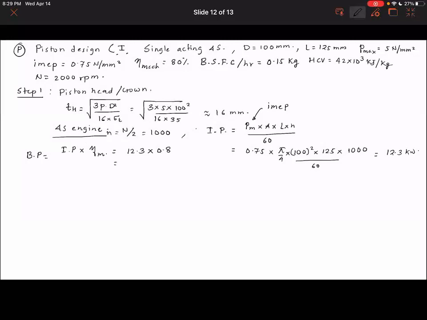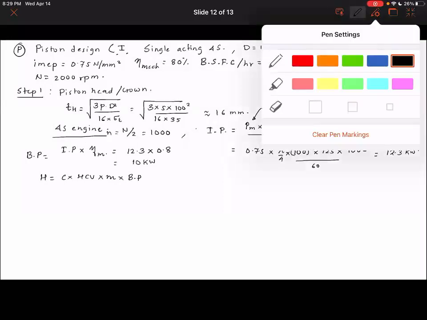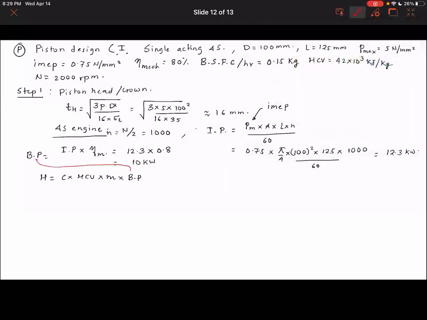So this gives me about 10 kilowatts. So with that, I should be able to find out the heat generated. H is equal to C times calorific value multiplied by the mass flow rate multiplied by the brake power. So this brake power is needed here.